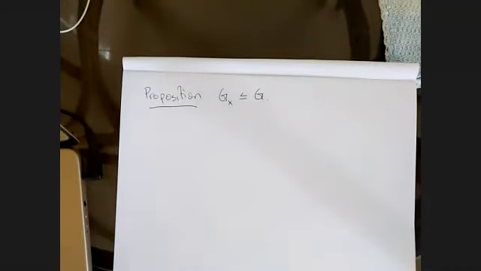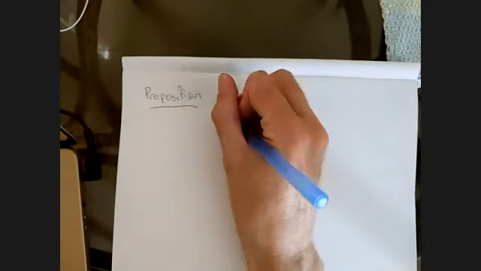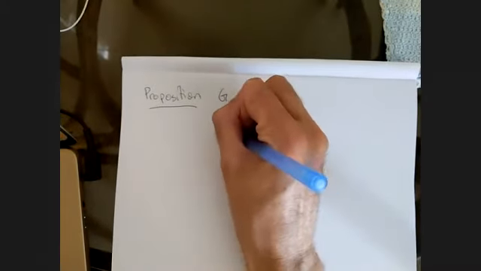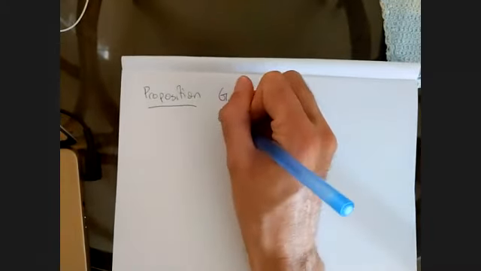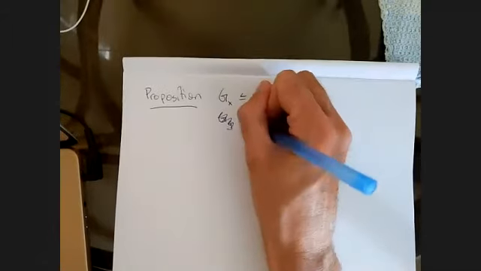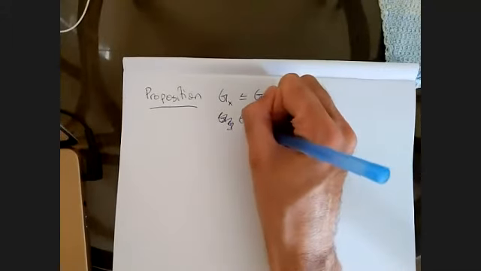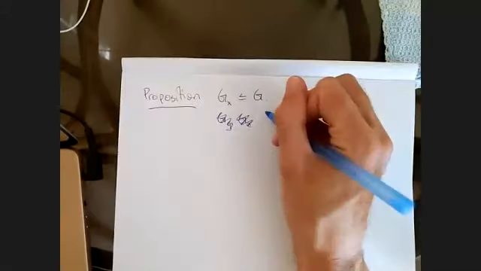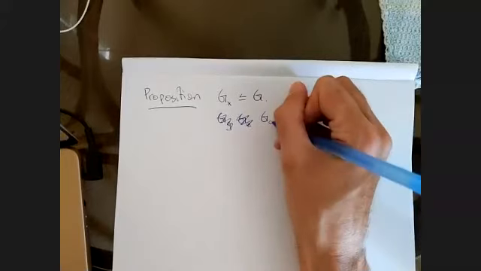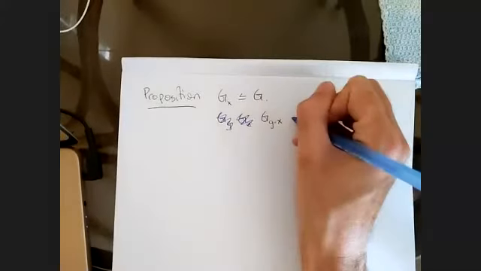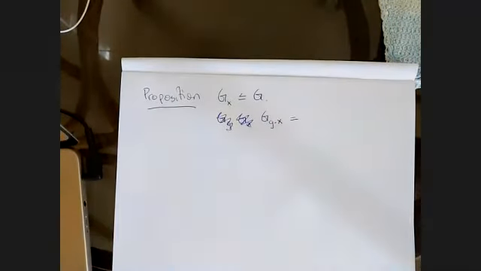Stabilizer is a subgroup of G. I guess we should also prove something like, what is the stabilizer of gx? Sorry, let me write it.